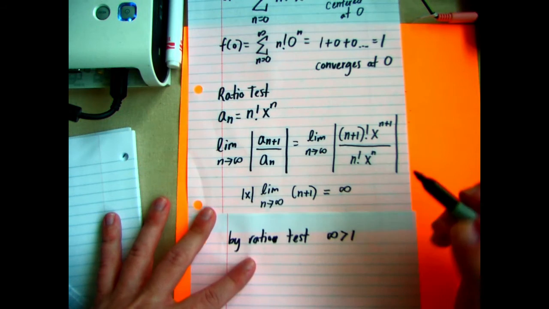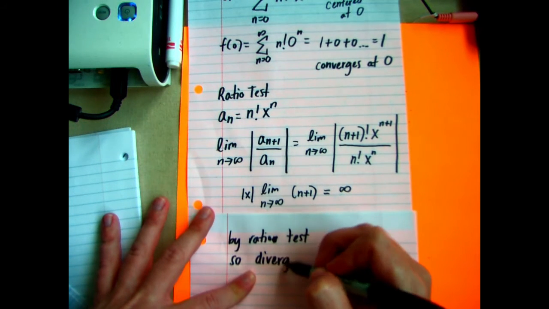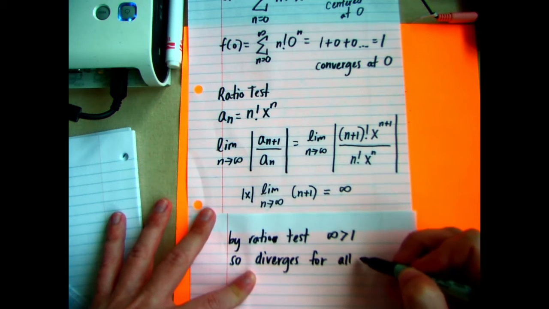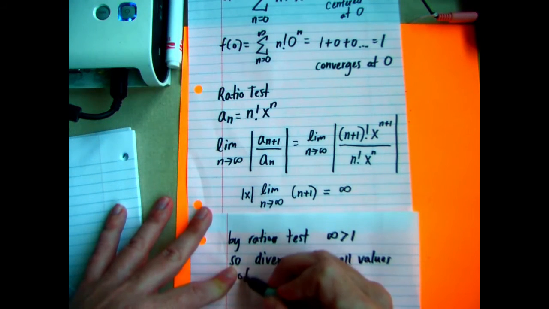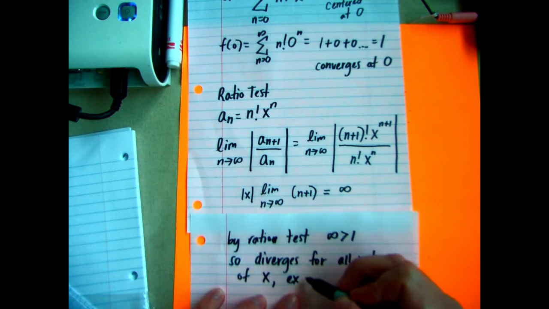So there are no x values in which the infinite sum will converge. It's divergent for all x values except for that center when x was 0.